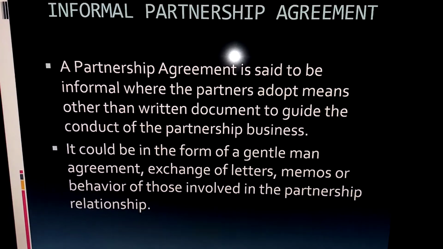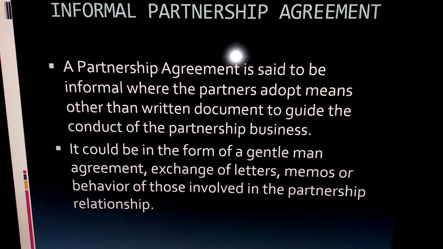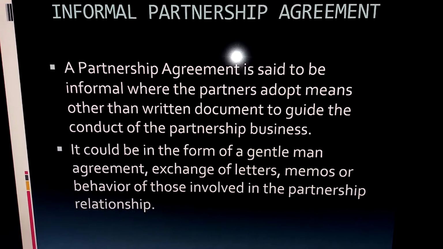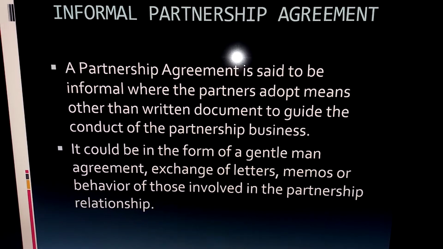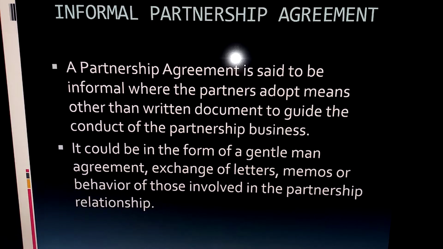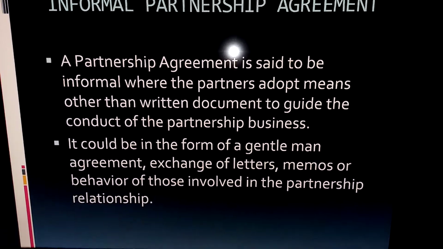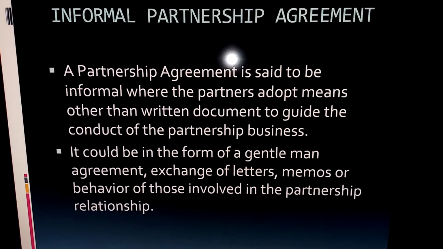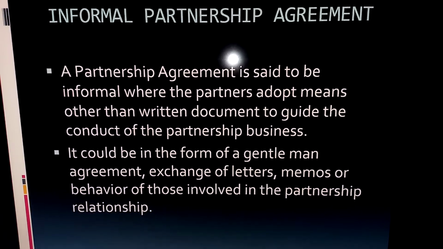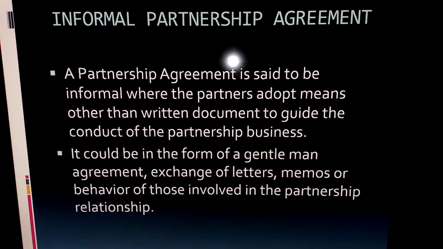Informal partnership agreement. In this case, there is no written agreement. So there are other forms, other ways of having an agreement. It could be a gentleman's agreement, or exchange of letters or memos, or behavior of those involved in the partnership.